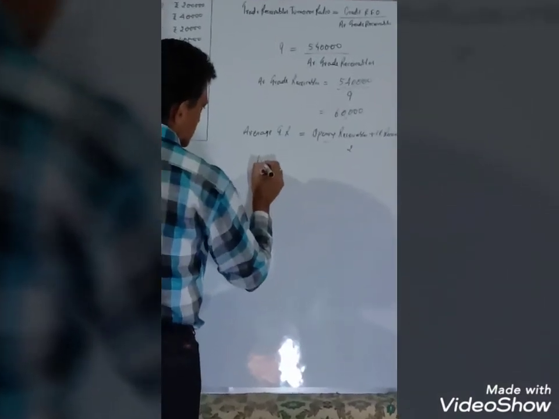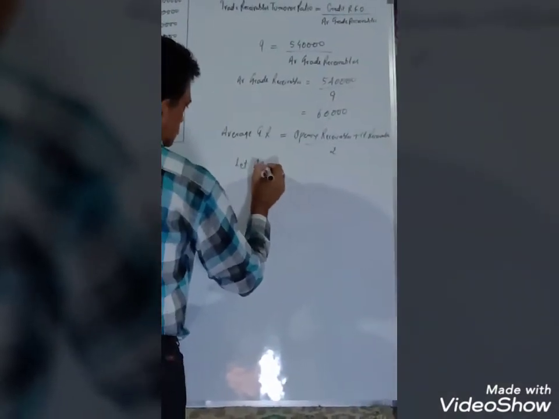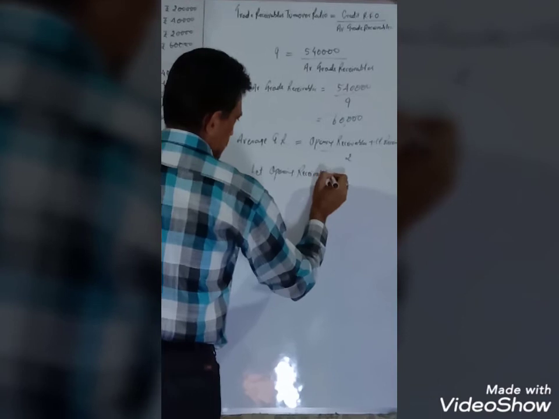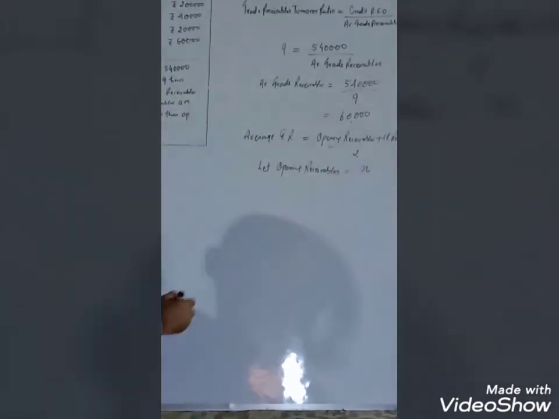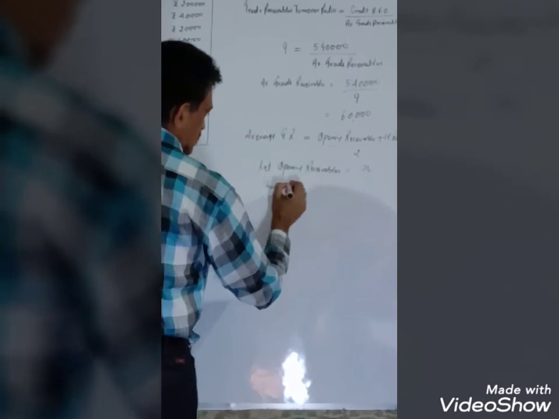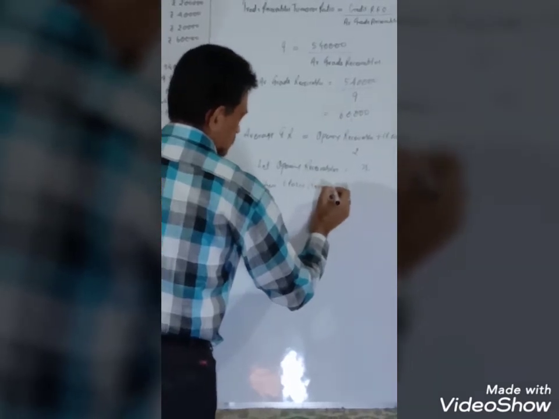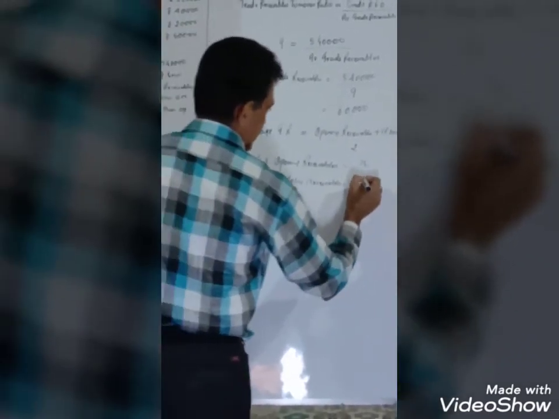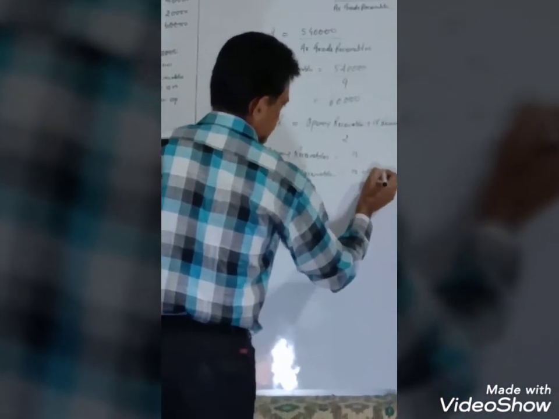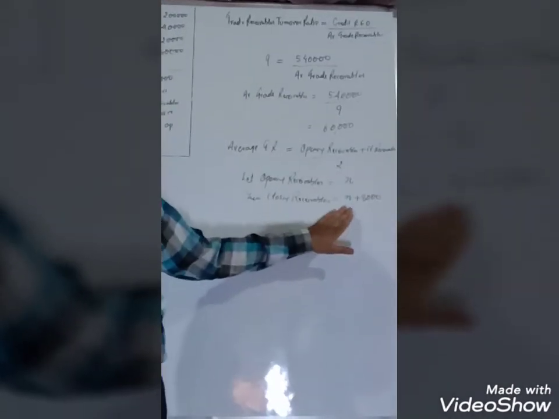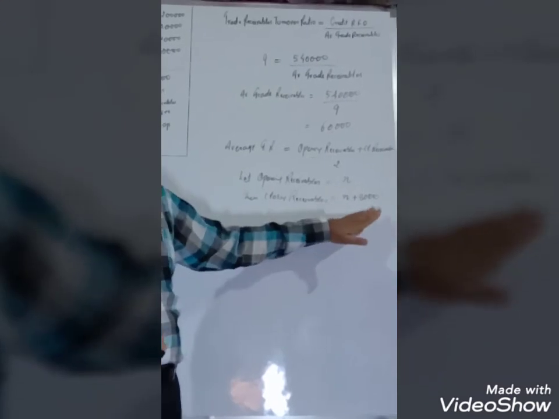Let us assume opening receivables is equal to X. Then closing receivables will be X plus 8,000. If opening receivables are X, then closing receivables will be X plus 8,000.